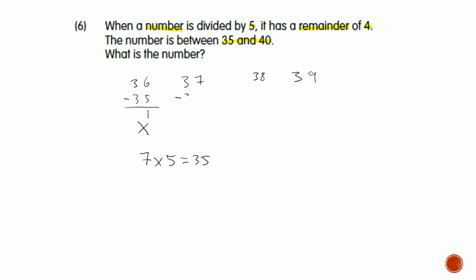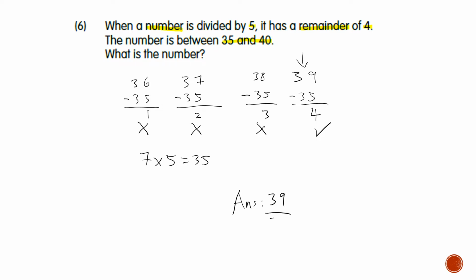If I minus 35 from here, I get a remainder of 2, which is not correct. Remember, we're looking for a remainder of 4. So 38 minus 35, I get a remainder of 3, which is also incorrect. 39, when I minus 35, I get a remainder of 4, which is correct. So actually this number that is between 35 and 40 is the number 39. So the answer is 39.